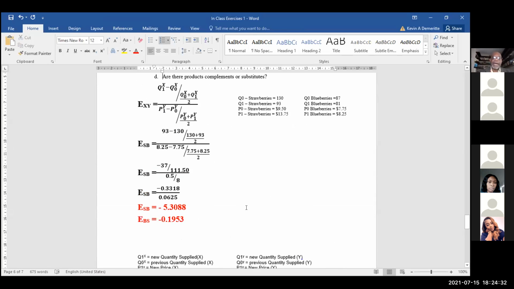The fact that our cross price elasticity of strawberries to blueberries is so big says that we are very, very, very sensitive to a change in the price of blueberries and how it affects our decision about strawberries.